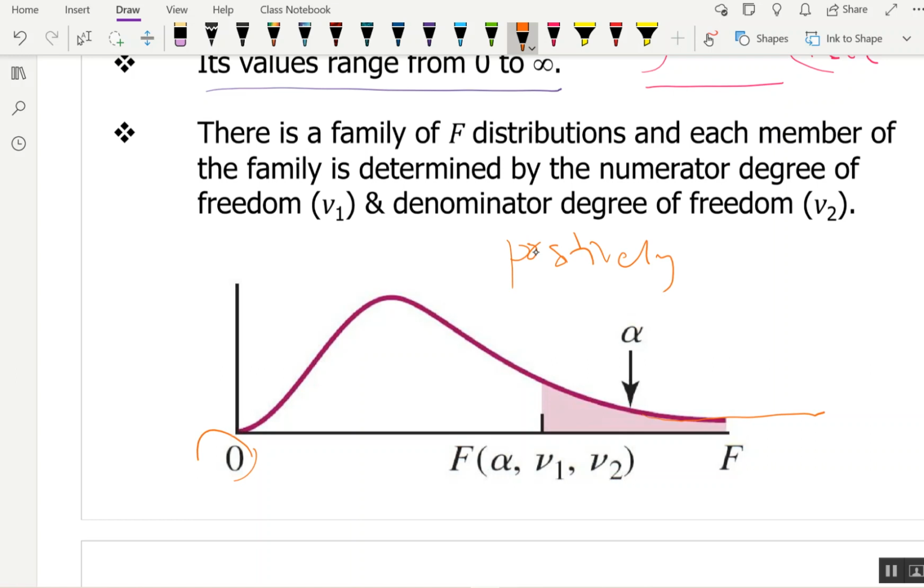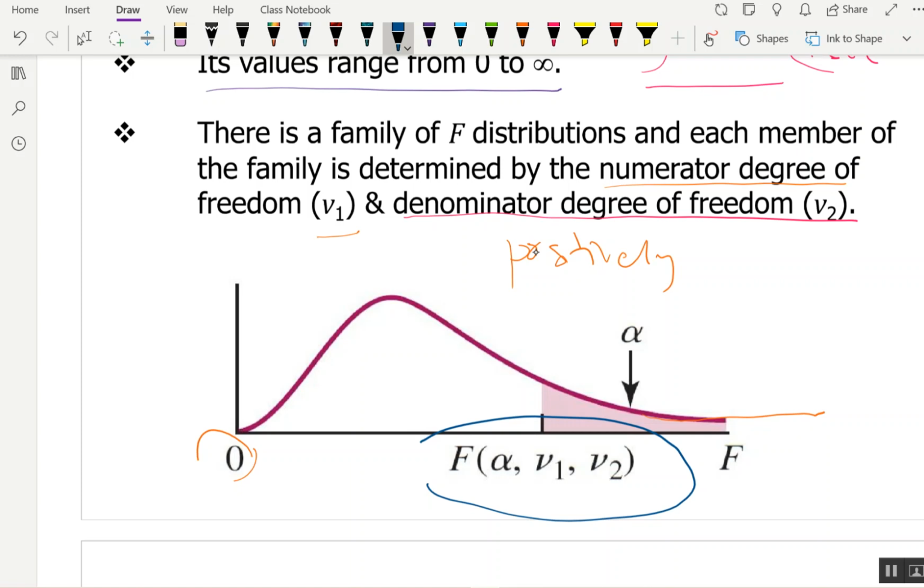So there is a family of F distributions, and each member of the family is determined by the numerator degree of freedom, V1, and the denominator degree of freedom, V2. So we need to use 2 degrees of freedom. Just like T and Z, we have the value that we need to read from the table.